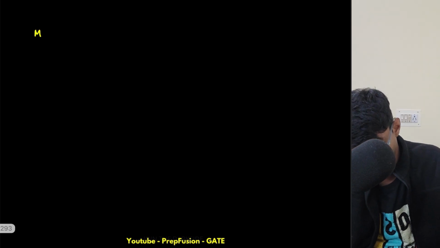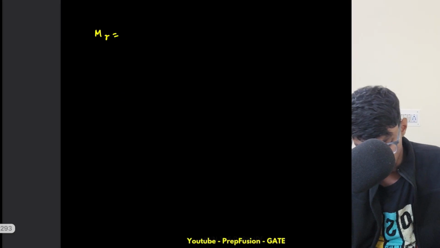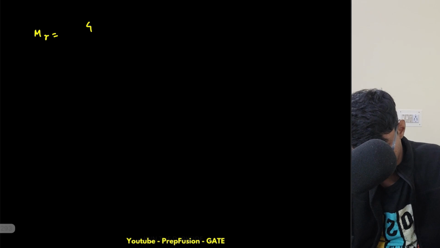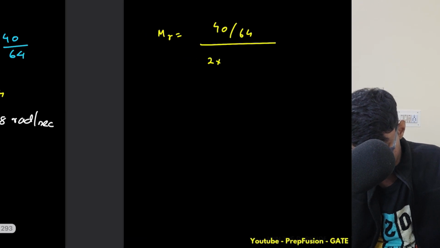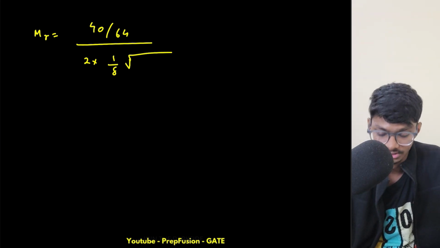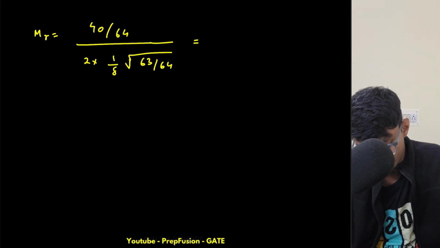So my M_r will be this 40 by 64, 2 times zeta. This time I am using this formula only: 1 by 8 under root 1 minus zeta square, so 1 minus 1 by 64, so 63 by 64. So this is 40 divided by 2.